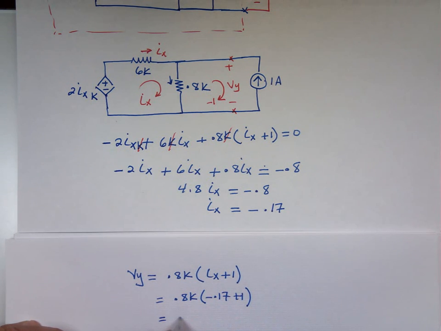Is that 0.83? Yes. 0.664K, which is 664 volts.